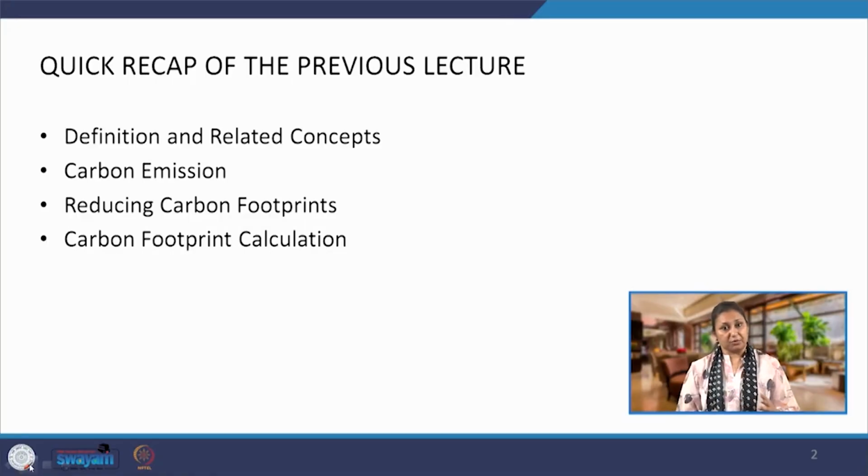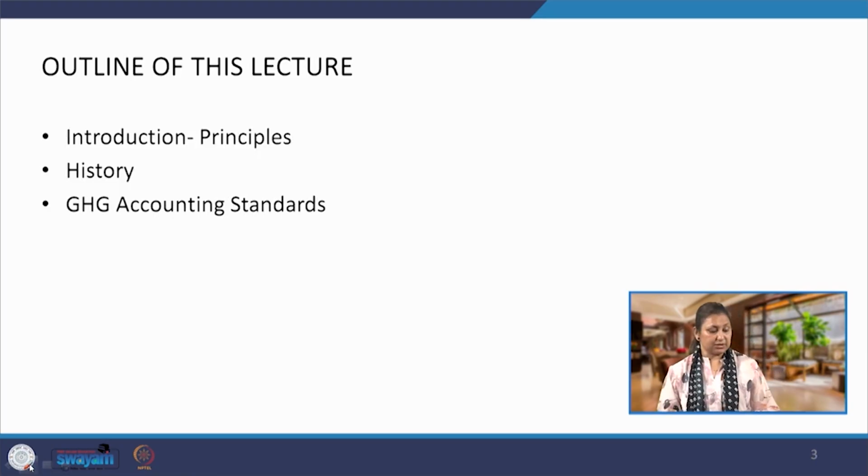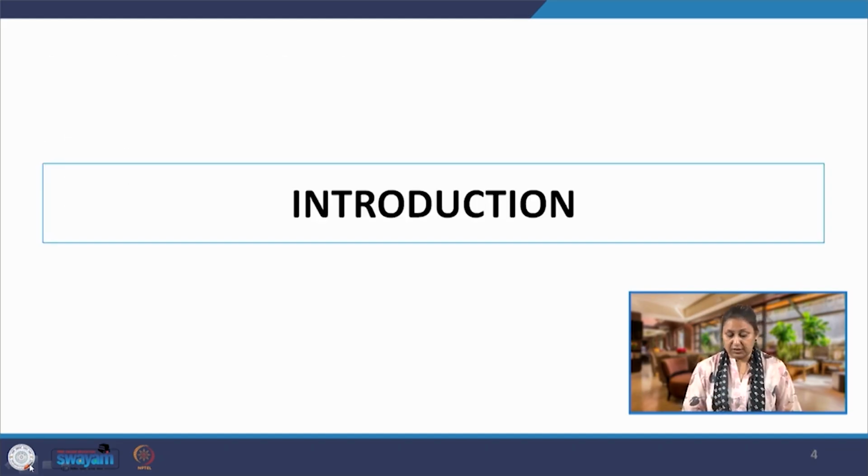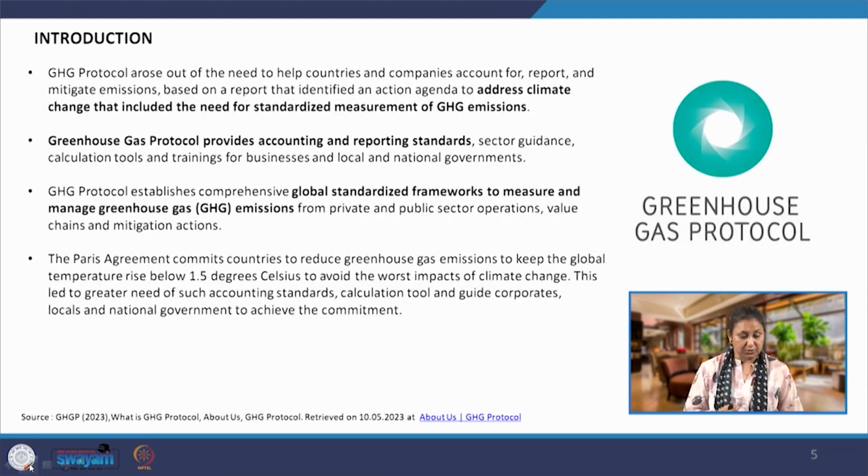Evolving further from there, the carbon footprint calculation, we are moving in this lecture today. We are introducing the principles and history of the greenhouse gas protocol, and we will, as an overview, look at the GHG accounting standards. So, let us begin with the introduction and the principles of the GHG protocol.